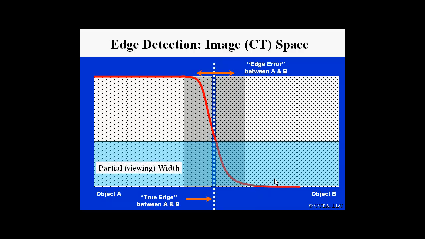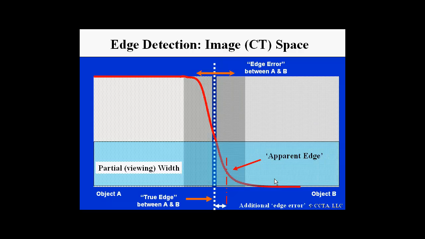In this example, in the light blue, I have decided to display the images of object A and object B within a partial viewing width where I have truncated the total CT number representation. In this situation, the apparent edge between A and B is placed at this particular area, which is exactly halfway between my interpretation of the edge for A and the edge for B.